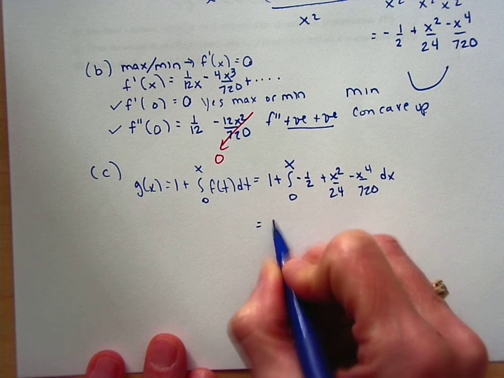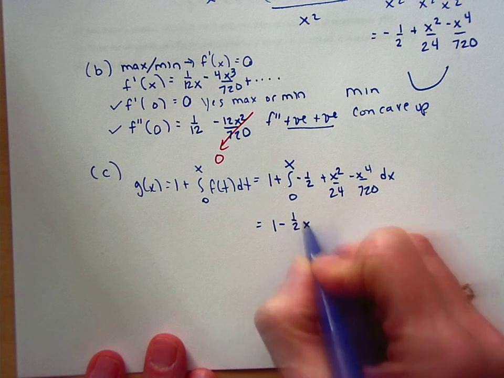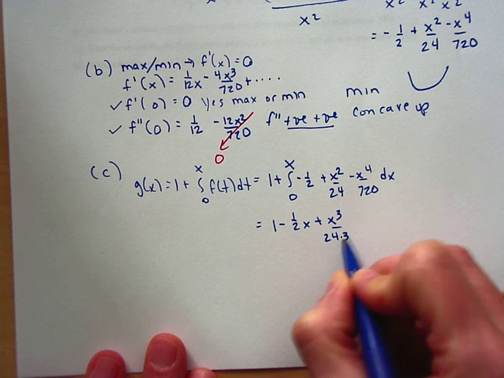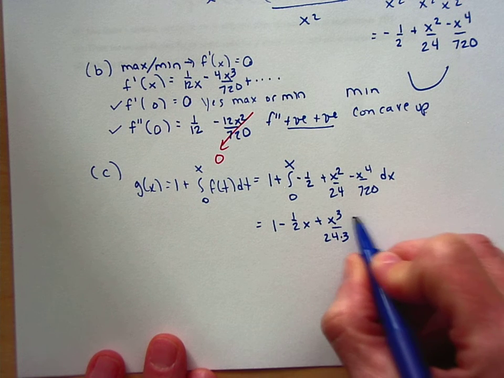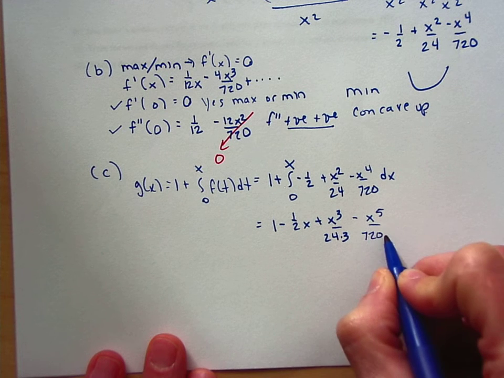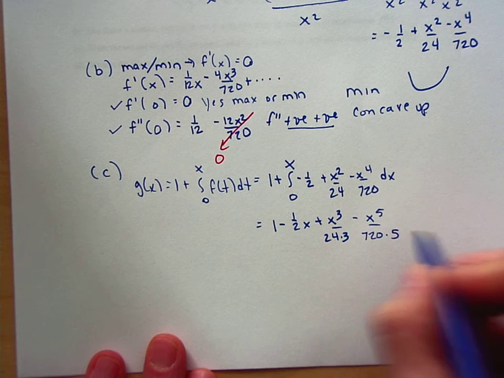So we're going to get 1 minus 1/2 x plus x cubed over 24 times 3 minus x to the 5th over 720 times 5.